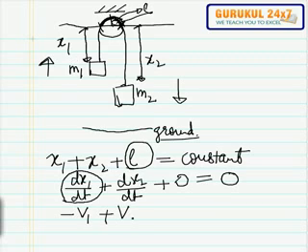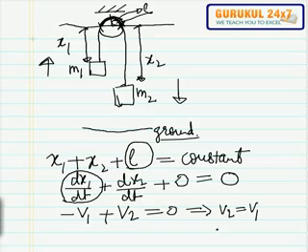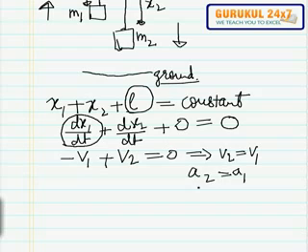So minus v1 plus v2 equals 0. From here we get v2 equals v1. In the same way, if we differentiate it again, we get a2 equals a1. So now we have found the relationship between a2 and a1.